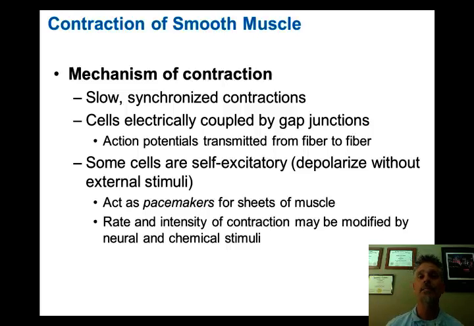And in fact, it can be self-excitatory. So it can generate its own pace of contraction that we don't have to think about. And that's also similar to cardiac muscle. So it's interesting because skeletal muscle is over here, smooth muscle over here, and cardiac muscle is kind of in the middle, almost like a hybrid in terms of its anatomy and physiology and how it works. Cardiac muscle also has pacemaker cells, if you will, that can generate its own rhythm.